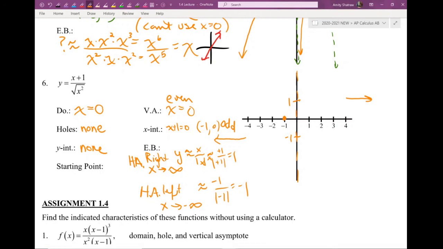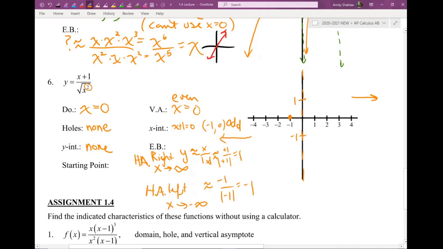When I think about those numbers, remember that you're squaring everything in the bottom, so you're always going to end up with a positive. As you get close to zero right here, you're plugging in a positive number, you're going to end up with a positive. So I'm going to say that this is positive and this is positive.